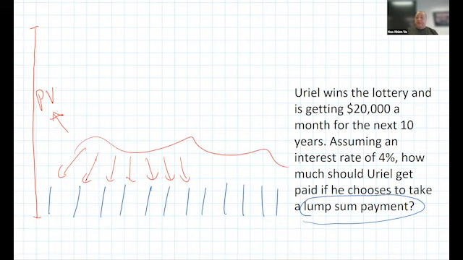So this is equivalent to the government borrowing some unknown amount from Uriel and making all of these payments. All of these payments are like loan payments paid by the government or the lottery agency. This is just like a loan situation.